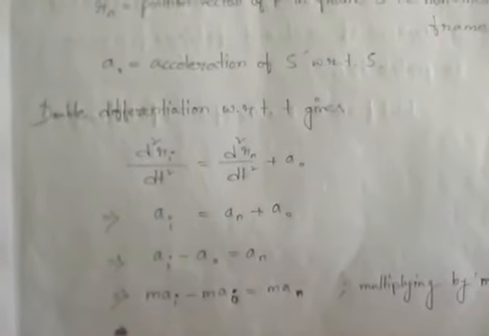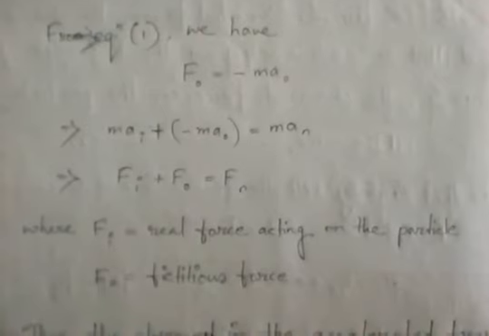Double differentiation with respect to t gives ai minus a naught equals an. Multiplying by m, we get m ai minus m a naught equals m an.